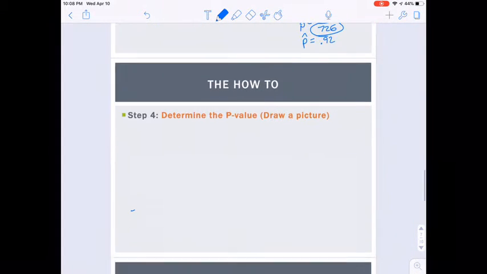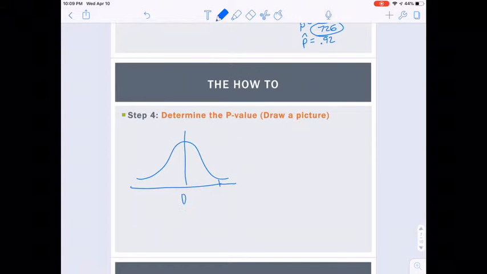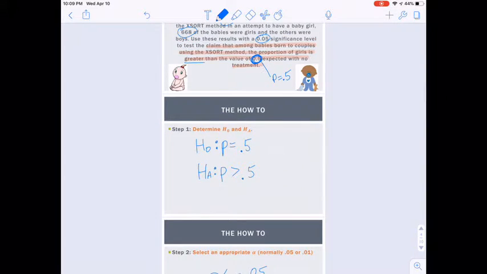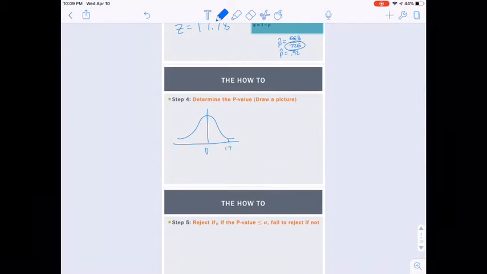Okay, so I start to draw my picture here. I'm going to draw a normal distribution. And 17 standard deviations can be really far from the middle, but we'll just draw it right here. Our alternative hypothesis was a greater than, which means we're going to shade to the right.